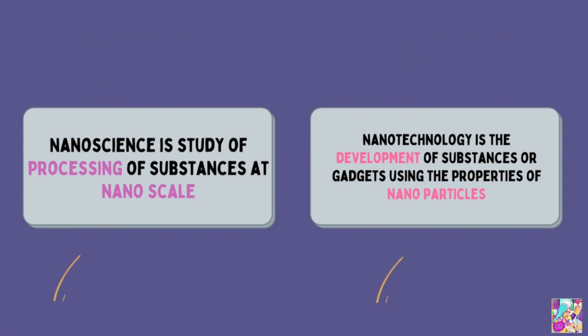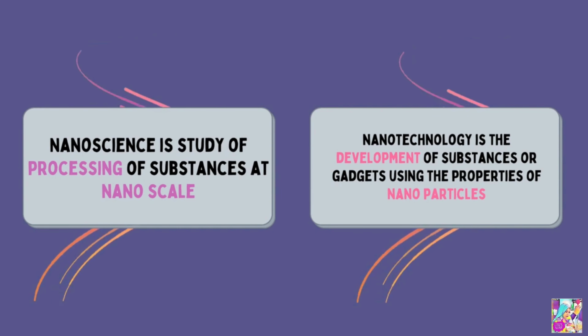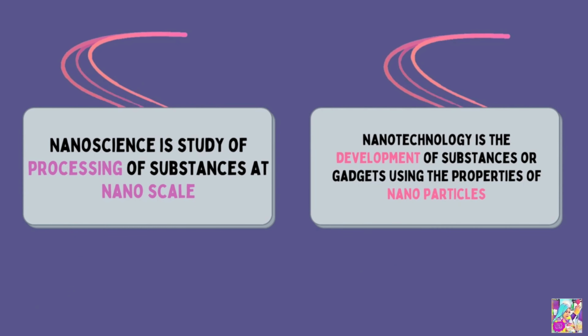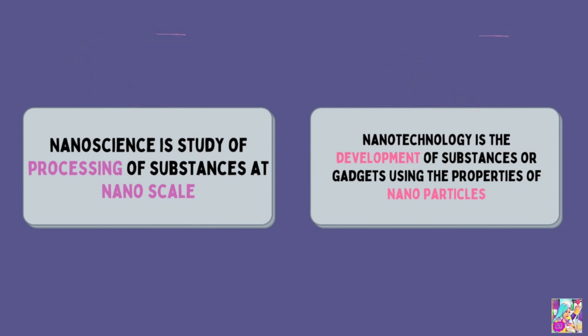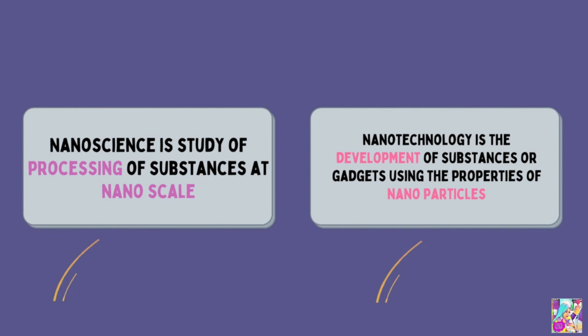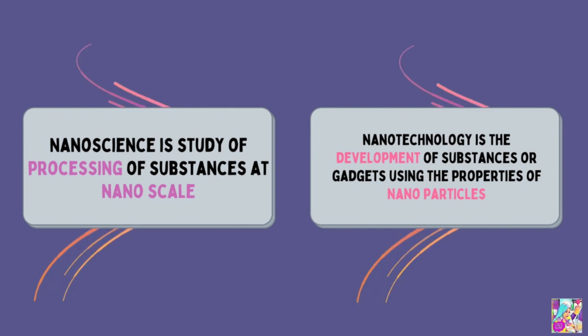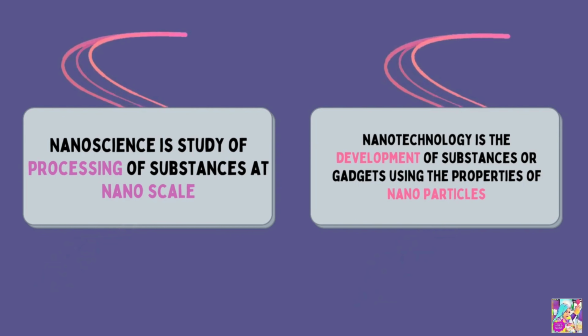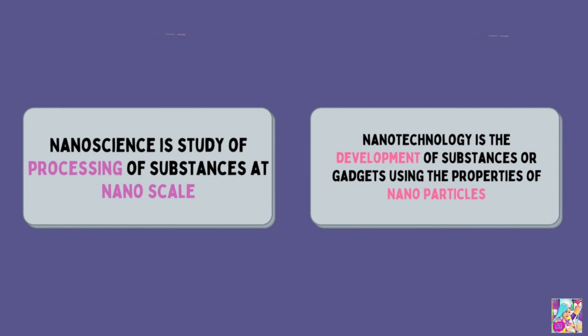Then this is the answer for Self-Assess 5.5. Nanoscience is the study of processing of substances at the nanoscale. This is the meaning of nanoscience. But nanotechnology is the development of substances or gadgets using the properties of nanoparticles.